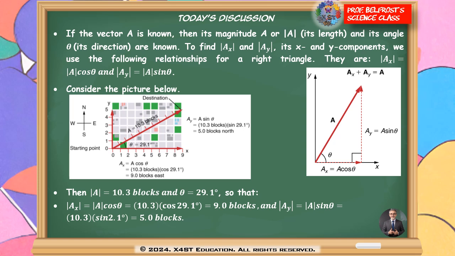We can see clearly that the magnitude of A is 10.3 blocks and theta is 29.1 degrees. So Ax is 10.3 cos 29.1 degrees, which is 9 blocks, and Ay is A sin theta, which is 10.3 times sin 29.1 degrees, which results in about 5 blocks.